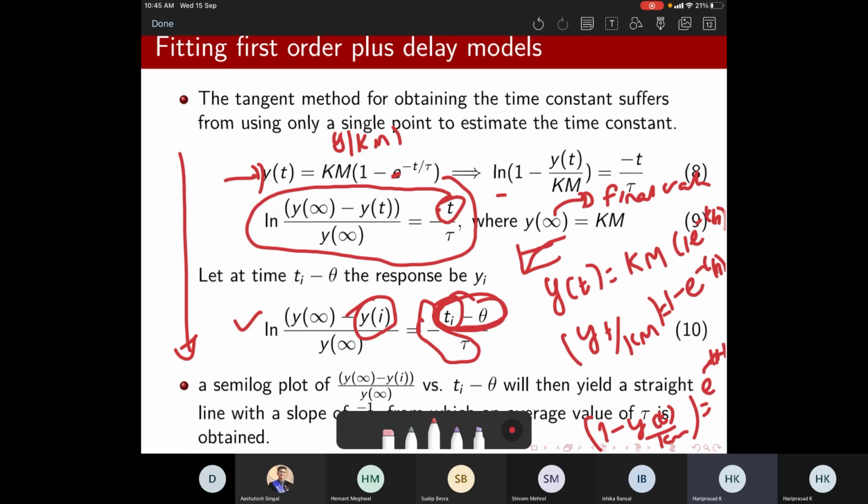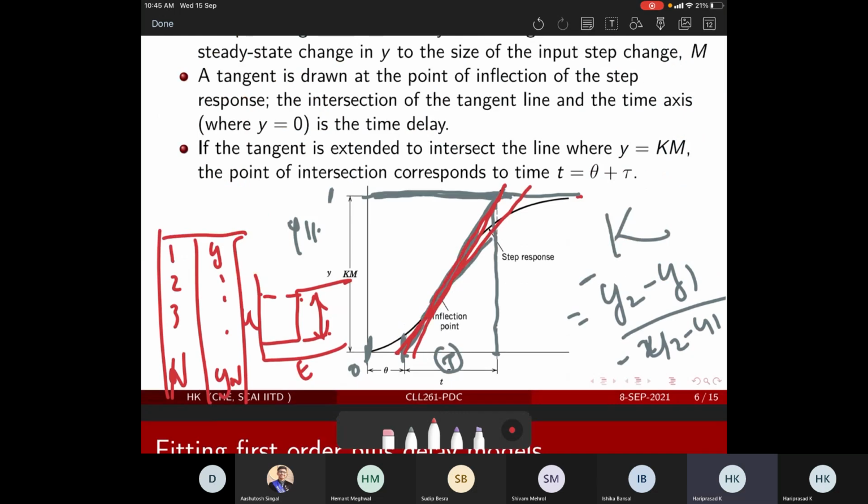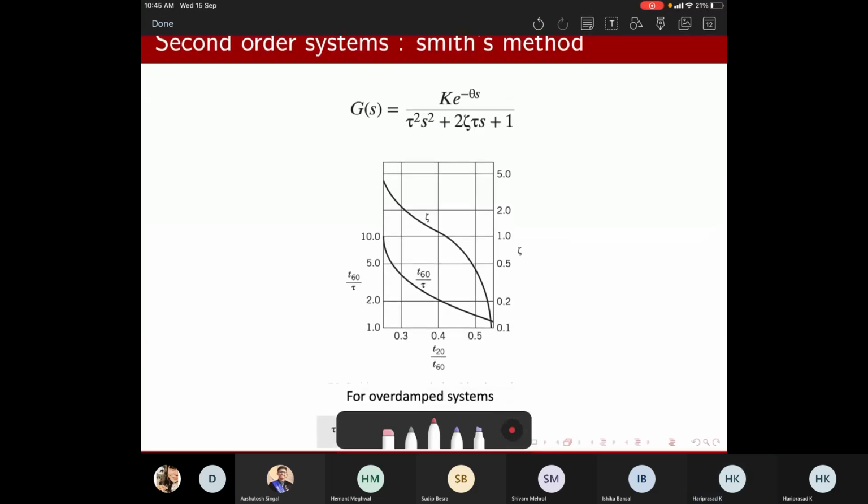You are using a collection of points, while the point of inflection is a single point. When you draw this inflection point graphically, your result is highly dependent upon that.